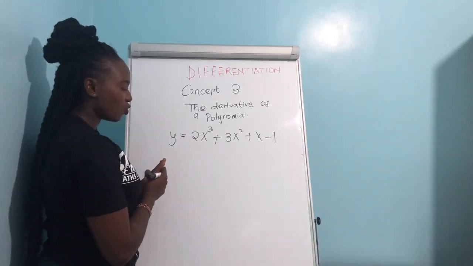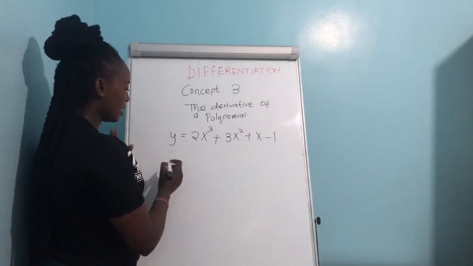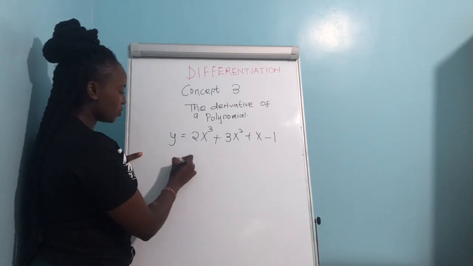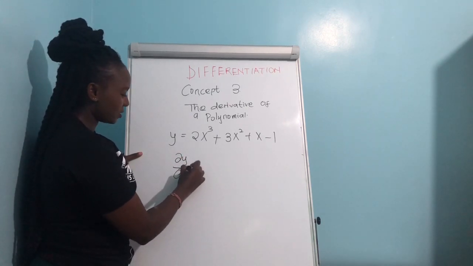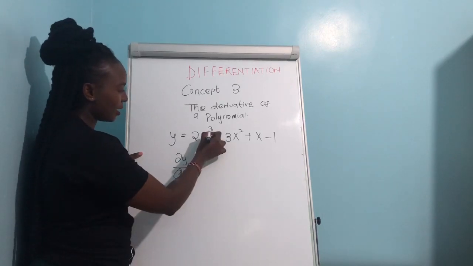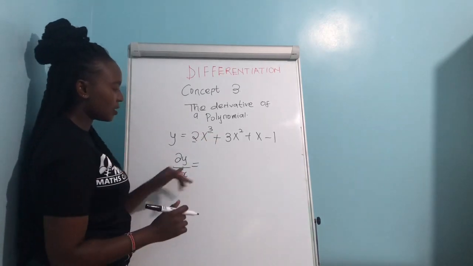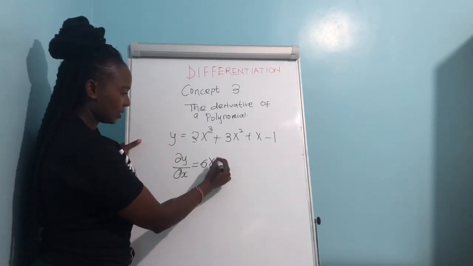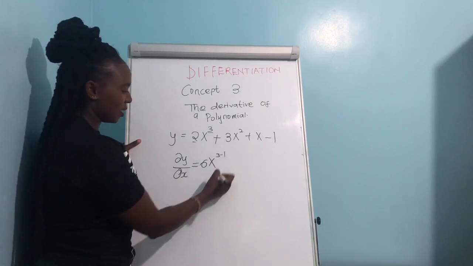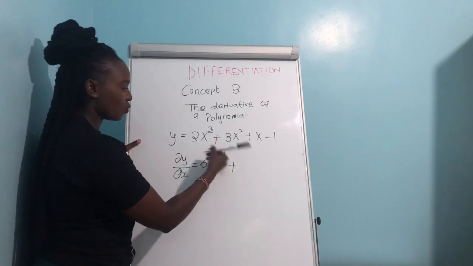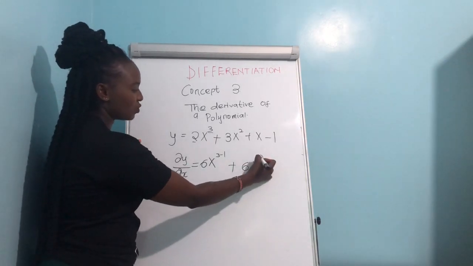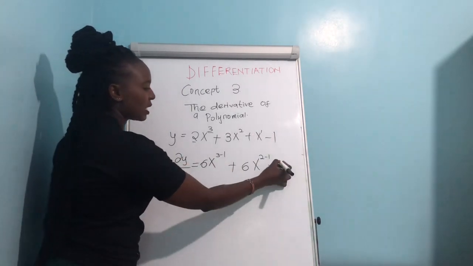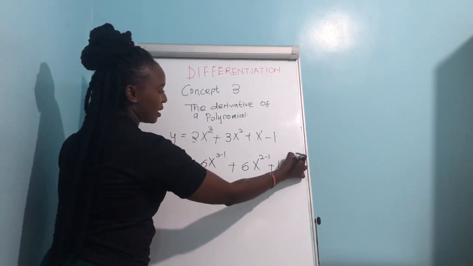When given such, because you're differentiating y with respect to x, dy/dx is equal to, again, 3 times 2. You will only choose the ones that have an x in them. So 3 times 2 is 6x^(3-1), plus 3 times 2, which is 6 again, x^(2-1), plus, here we assume it's raised to 1, so basically that's 1, x^(1-1).